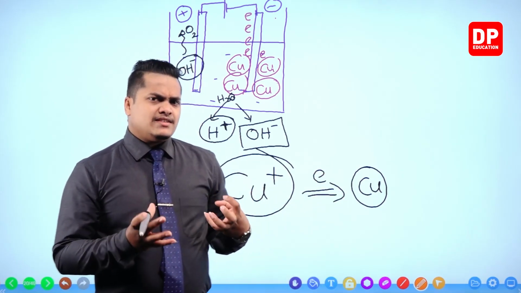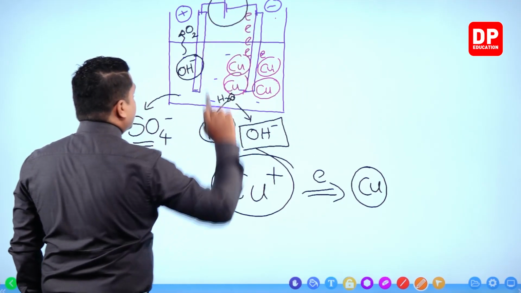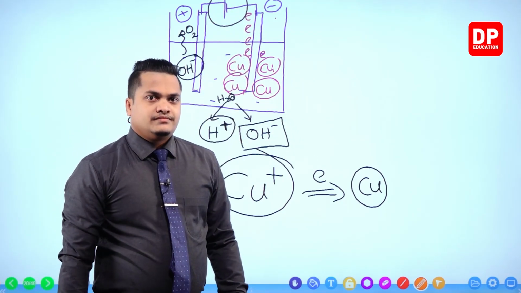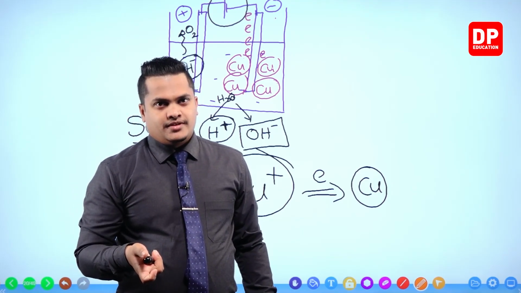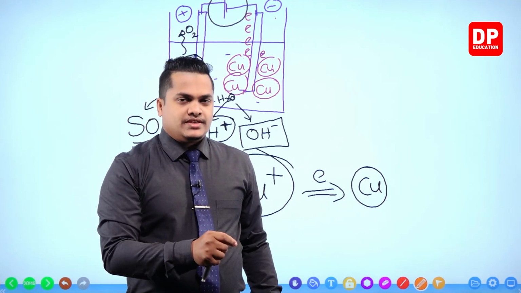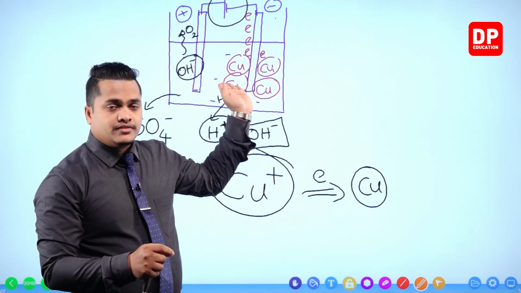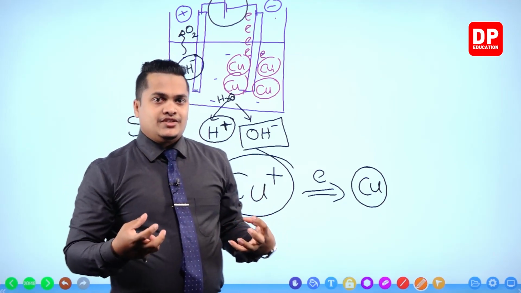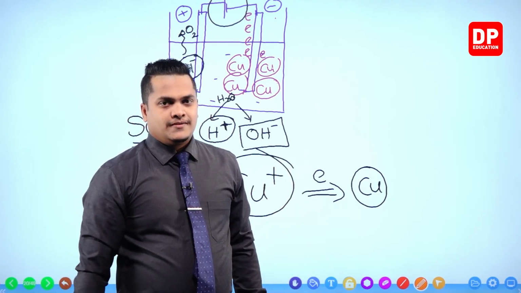All of these changes happen only because you provide electricity. So that is why it is called electrolysis. When providing electricity, the ions present within the solution undergo different changes, creating other substances, resulting in a chemical change.